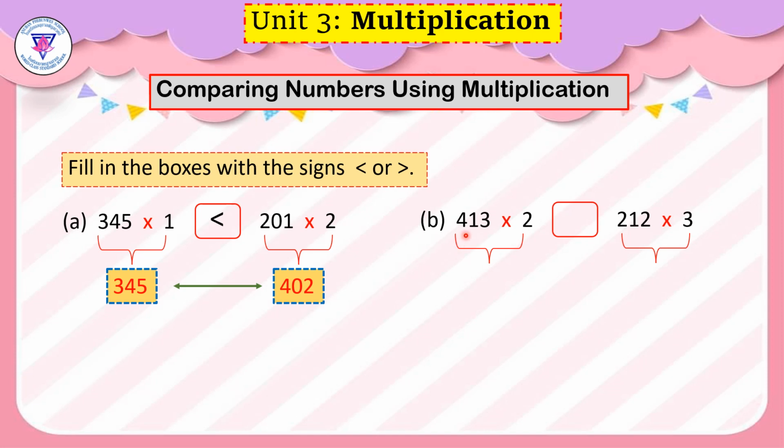Example letter B. So the given number is 413 multiplied by 2, and the other one is 212 multiplied by 3. So the answer on the first given number is 826. And on the second number is 636. So if you compare this number, look the first digit number 8 and 6.